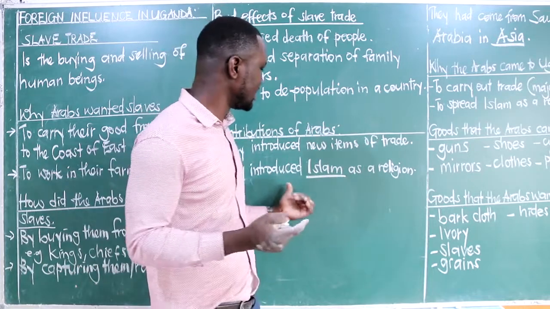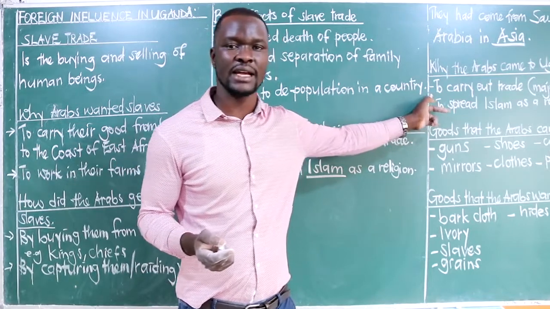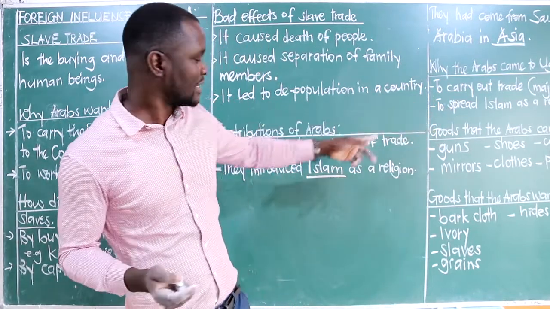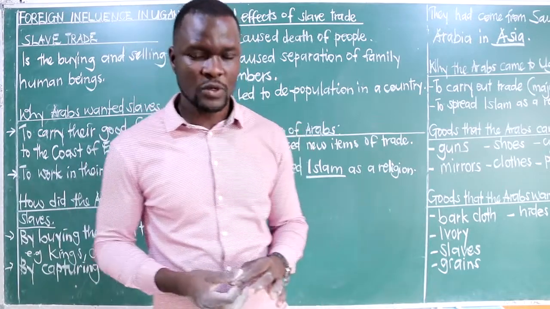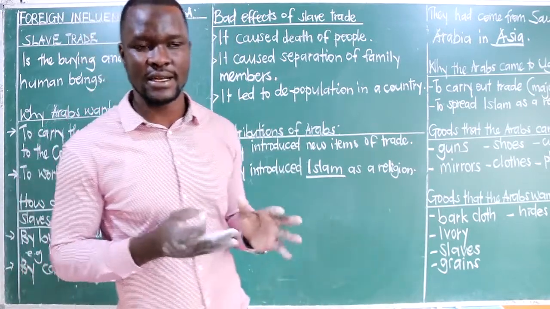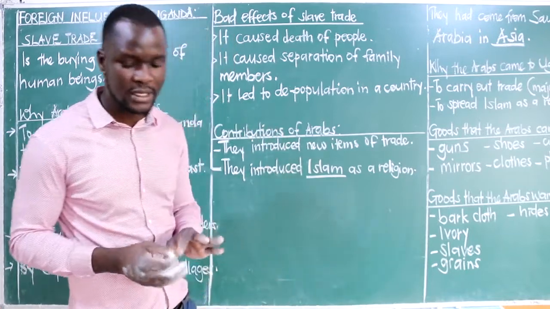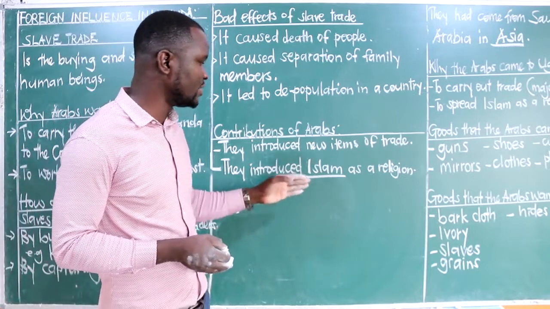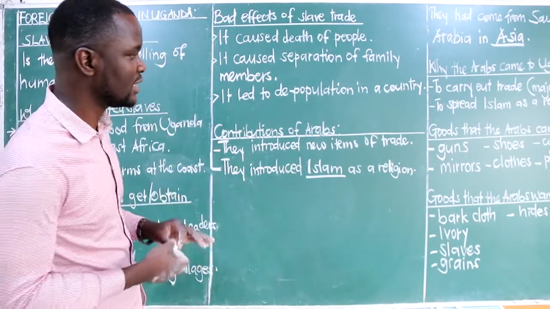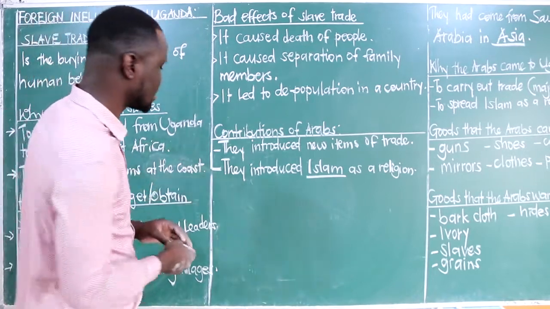Then secondly, these Arabs were mainly interested in carrying out trade. Therefore, they were spreading their religion as a by the way. So they were not all that serious in spreading Islam, as they were mainly interested in carrying out what? Trade. So that is another reason as to why Islam did not spread very fast as a religion in Uganda, much as it was the first foreign religion to be introduced.